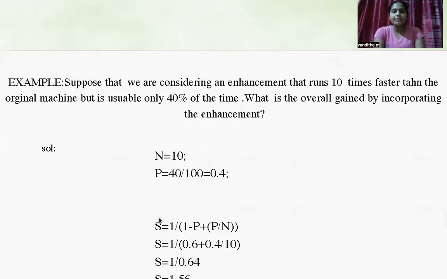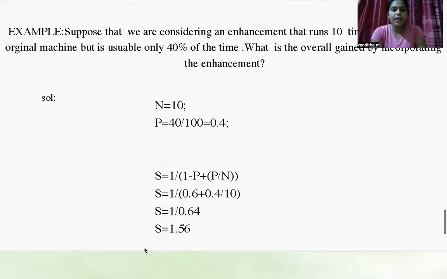Let's see another example. Suppose we are considering an enhancement that runs 10 times faster than the original machine, but is usually used only 40% of the time. What is the overall gain by incorporating the enhancement? First, we are given N as 10.